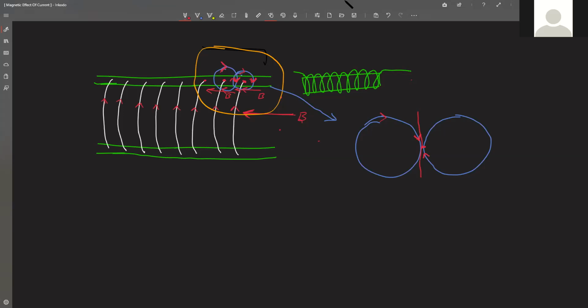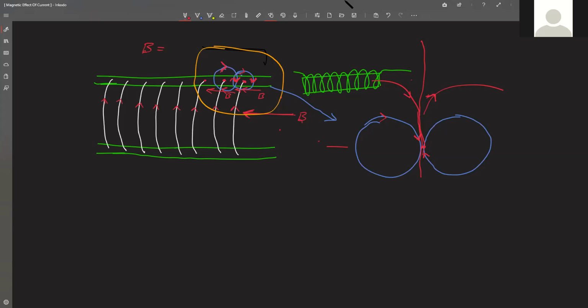So what will happen to the point here? Again the same thing, this and this will cancel each other. So all the points on the equatorial or perpendicular line will cancel each other. So that means magnetic field here is zero.